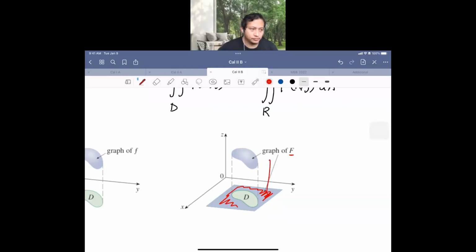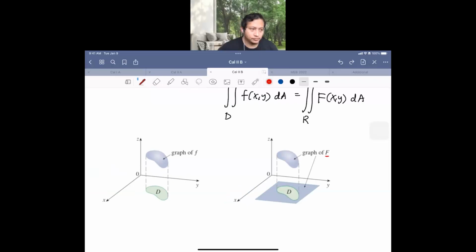Because those points are not mapped onto any surface. The surface is mapped just over this D. These two are pretty similar, but they are different functions, right?